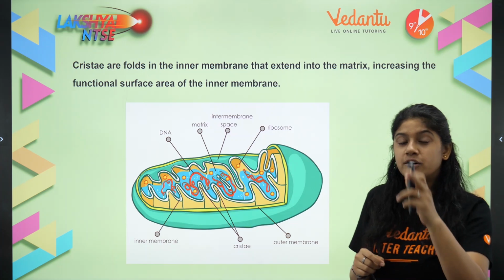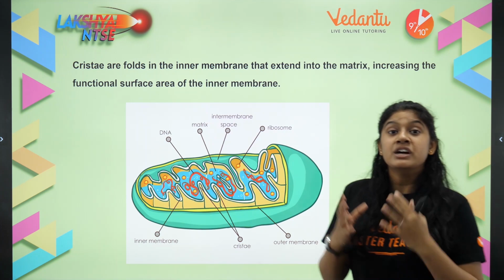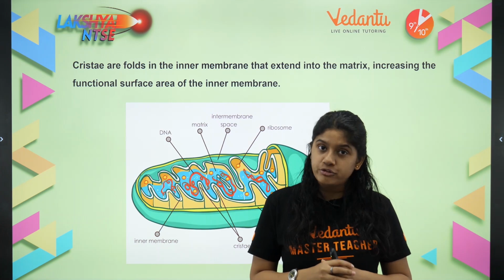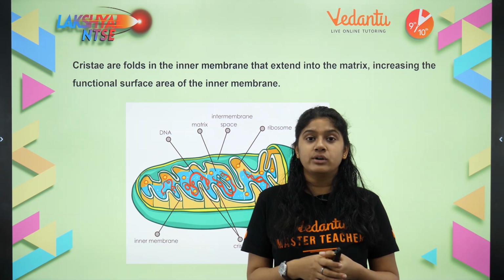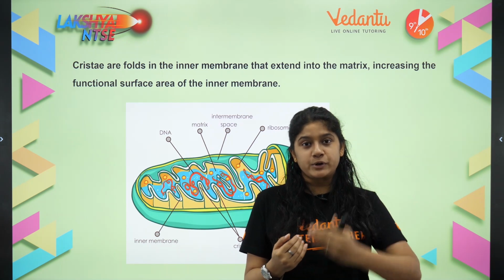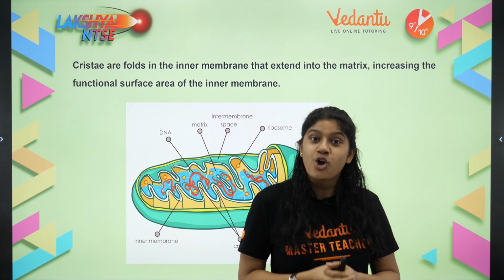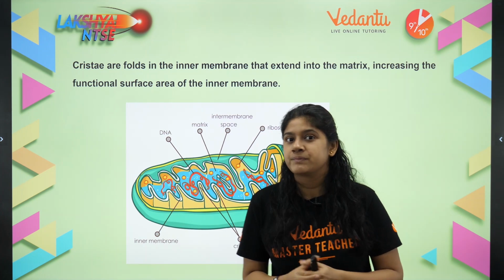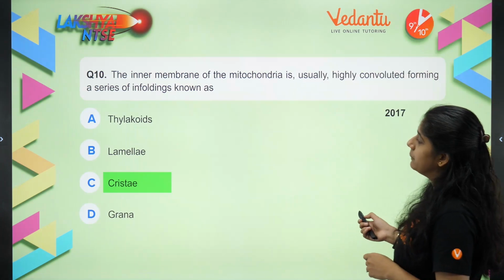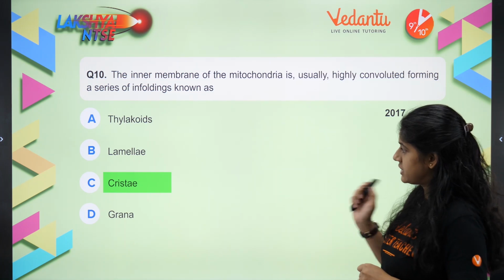Remember, these are the folds which increase the surface area of the mitochondria, and here a lot of synthesis, ATP production and other important reactions of the mitochondria occur. Clear? So the right option will be option number C, cristae.